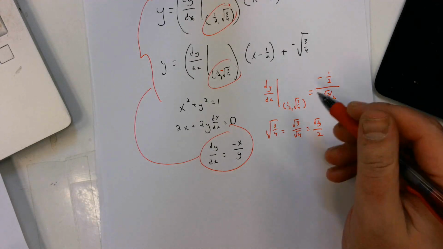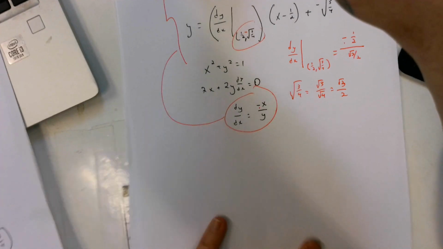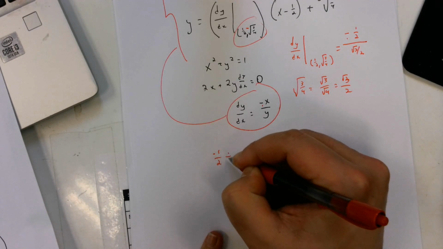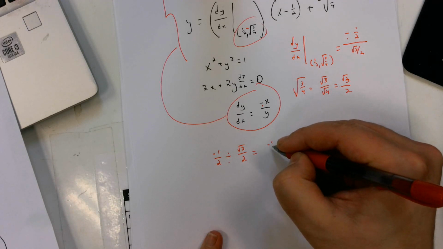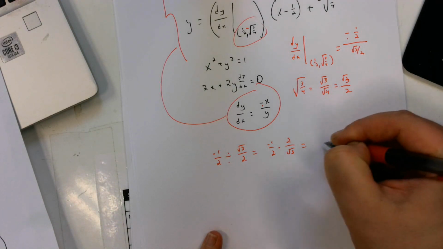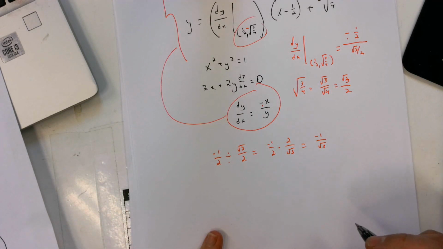Keep in mind, this negative is this negative. And let me just spread this out. 1/2 divided by root 3 over 2. Because this is YouTube, I can take as long as I want. Okay.